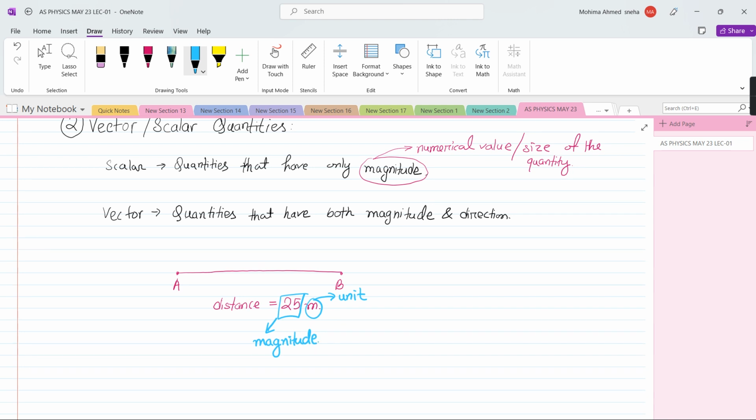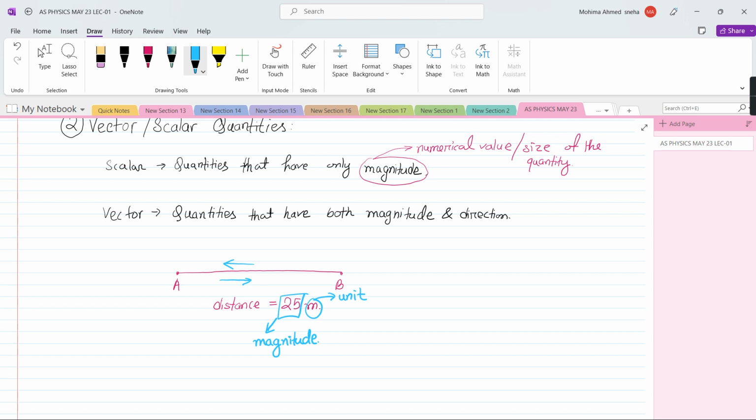Now if you look at this, it doesn't say that the distance from A to B is specifically 25 and from B to A it will change. No, right? If you travel from A to B or from B to A, the distance is going to be the same. So the direction is not a significant matter here. It really doesn't matter in which direction you travel, the distance will be the same, 25 meters.